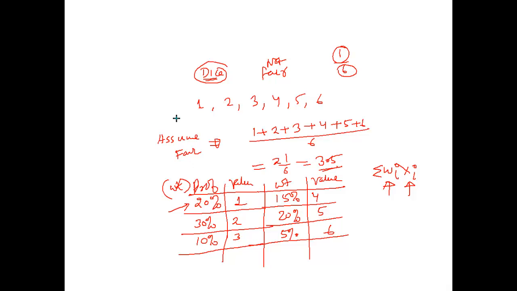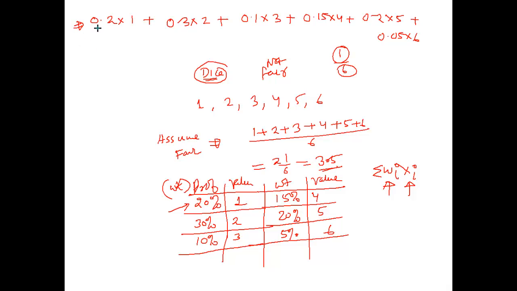So the value will be equal to your weight times the value. First, the 20% weight can be written as 0.2 into 1 plus 0.3 into 2 plus 0.1 into 3 plus 0.15 into 4 plus 0.2 into 5 plus 0.05 into 6. This will give you the value of the weighted mean.